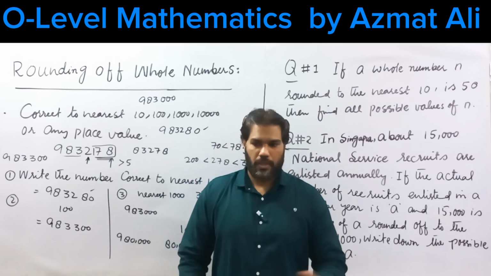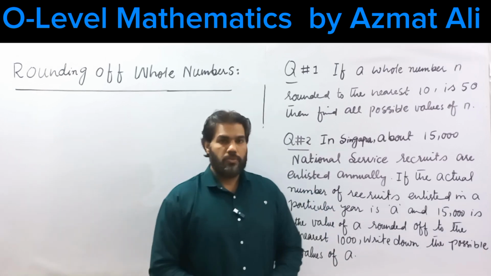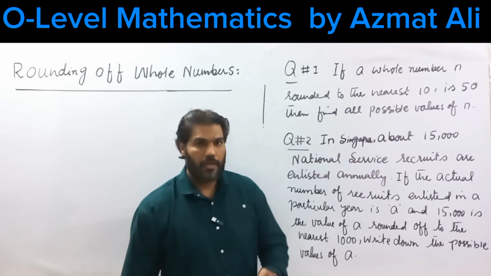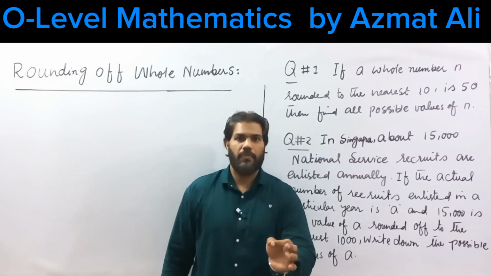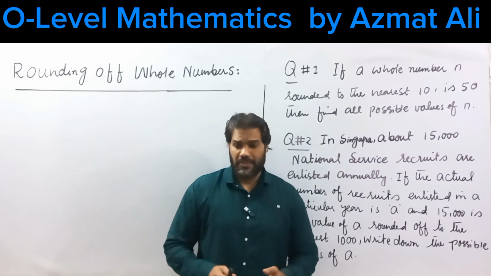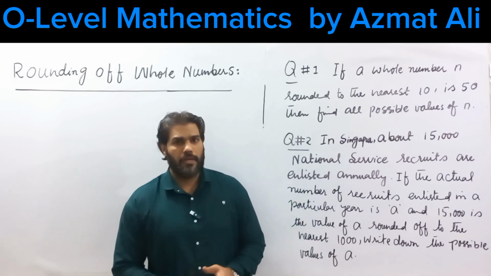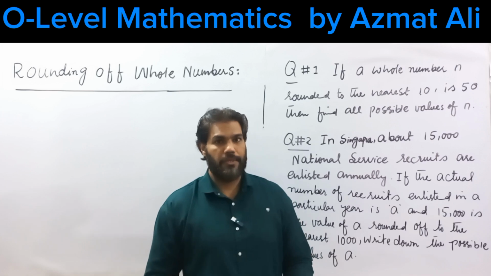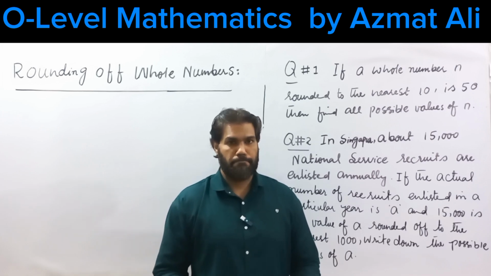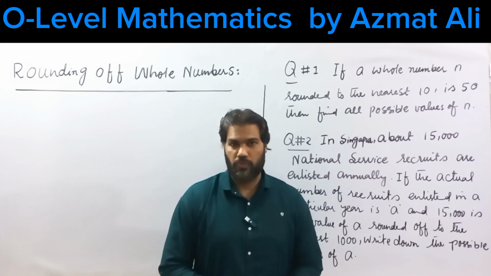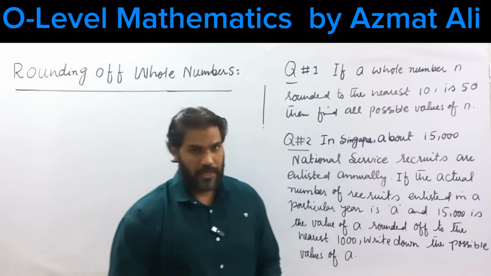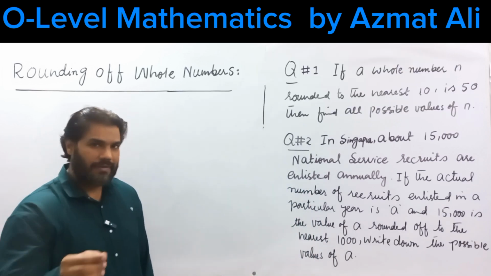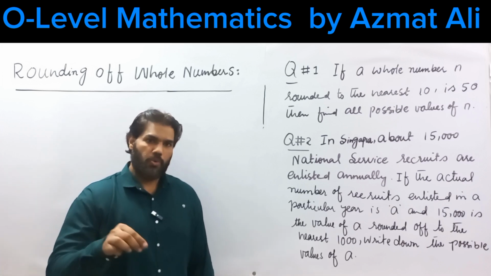So before starting these structure-based questions, I want to ask a very important question. Is it possible that two or more whole numbers have the same rounded value?